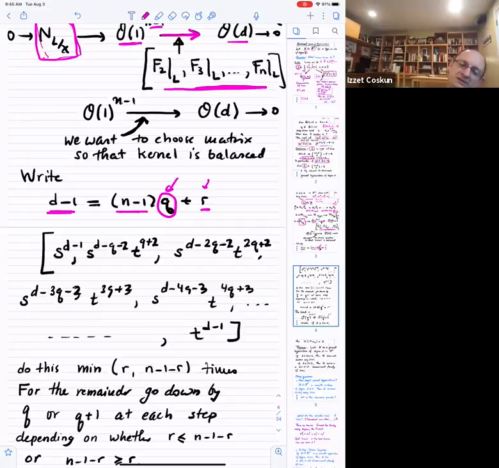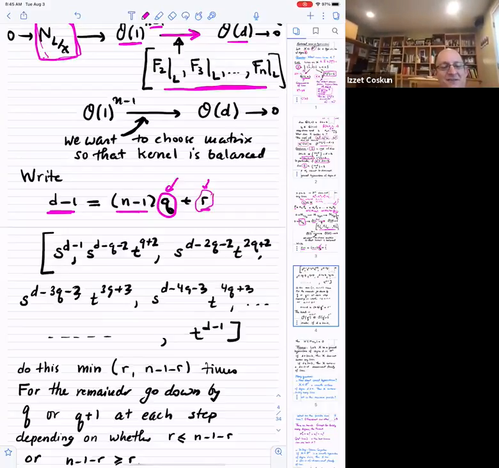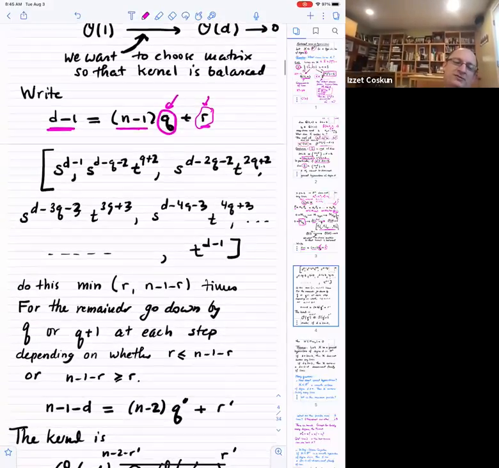Then you can choose these restrictions to look like this. But maybe it's easier to pretend that r is equal to 0 and then you can fix it. So basically you decrease the degree by q each time, and then you see what the relations are, and the relations are as equal as possible.